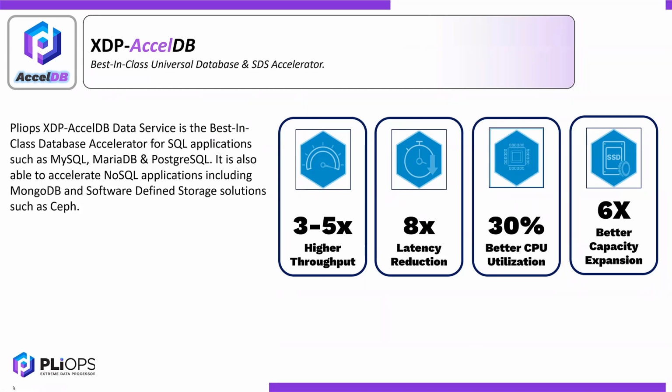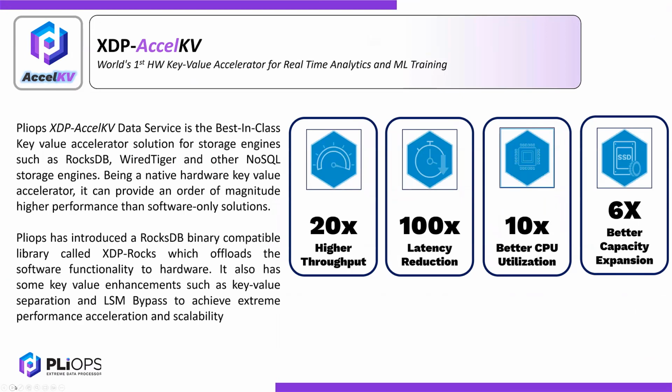And finally, ExcelKV, which is where now you add a library to the application to take advantage of that. For example, a very common library for key value storage for NVMe is RocksDB. So we've made this very easy, including our version of RocksDB. We call it XDP Rocks, that allows for seamless integration with the application.